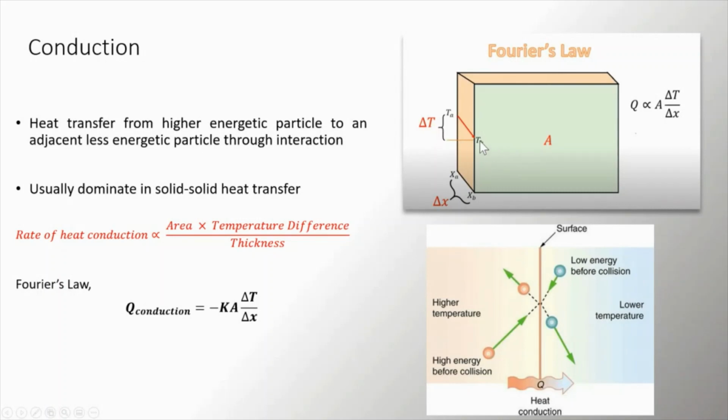So you subtract TA from TB, because TB is the final stage. However, you know that TB is smaller than TA, so this value is going to be negative. If there is no negative sign in here, your conduction will be negative, and that will give you a wrong sense of heat transfer direction and amount. So you need to have a negative sign in here to make the whole thing positive.